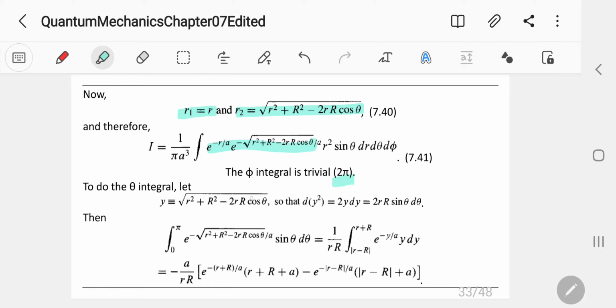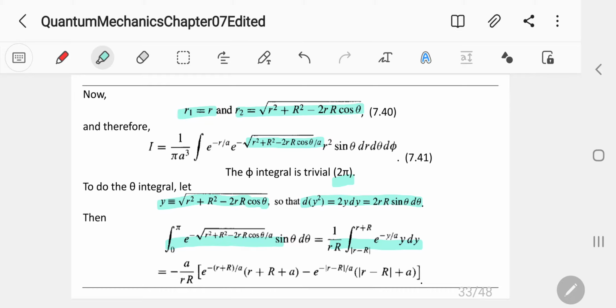And you can let this quantity be equal to y, so that you can square it and get the derivative of it and be able to get this expression. And so your theta integral would be just this one.